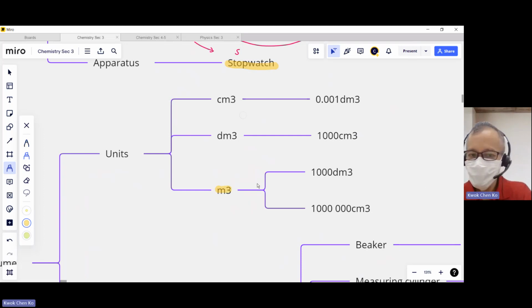But not surprisingly, cubic meter is a very large volume, at least in the laboratory. Therefore, you are more likely to see cubic centimeters or decimeter cube. Now, again, guys, you have to be able to interconvert between the 3 different volumetric units.